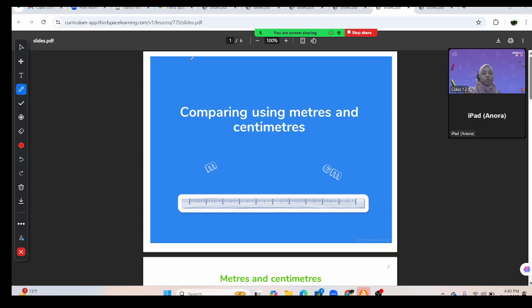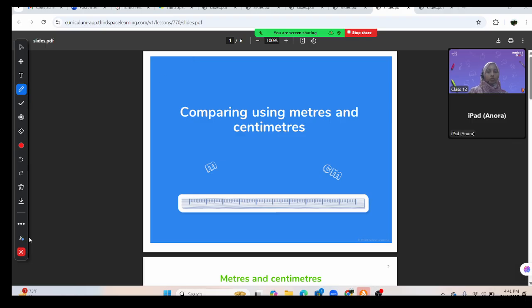Let's suppose you want to stitch a cloth and you went to the tailor, and you measured with your hand span that you want your shirt to be this much long. Now the tailor's hand span would be different, right? So that was the problem.